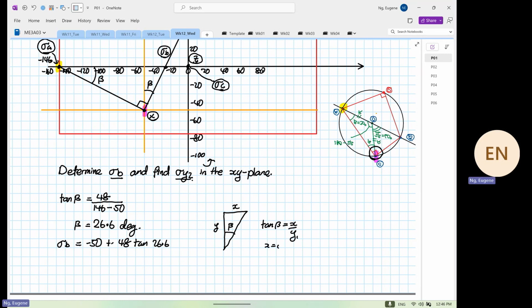So x is equal to y tangent beta, which is what we have here. So this is equal to minus 50 plus tangent 26.6 times 48, which is about 24.037.